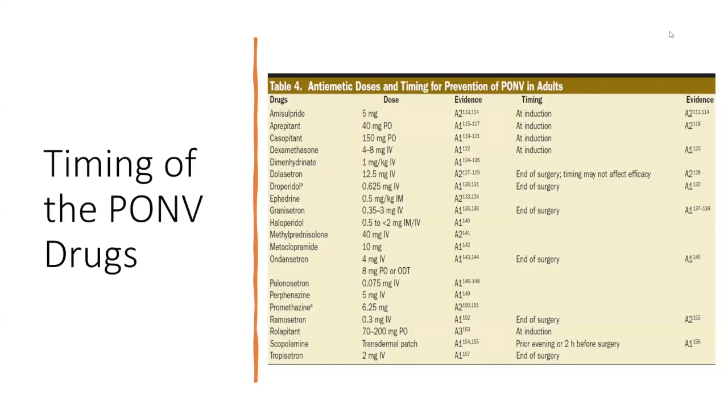Those are the drugs that are easily available that we tend to have in theater. And then your metoclopramide is basically given during the operation. You can give it anytime during the operation, even in the postoperative period if the patient has vomiting, you can give your metoclopramide.